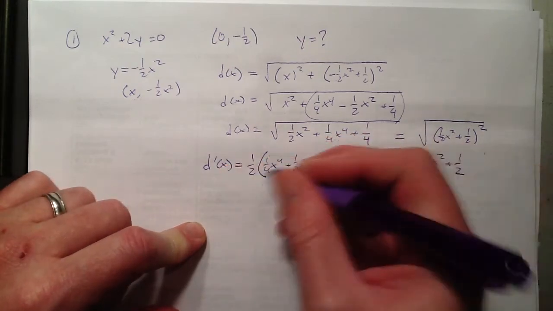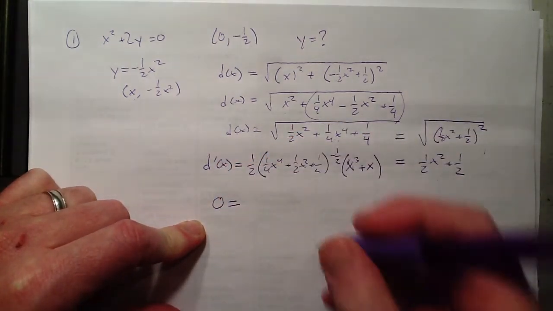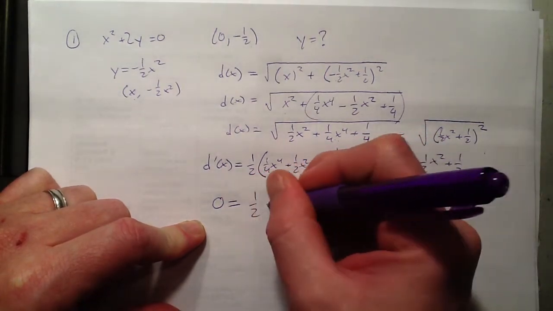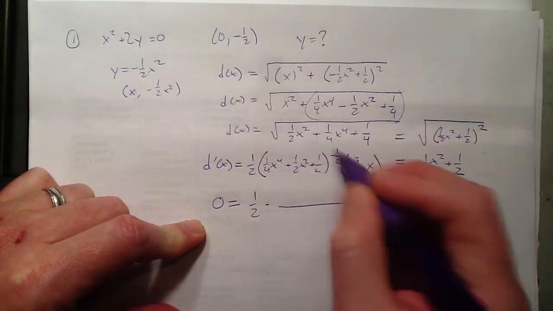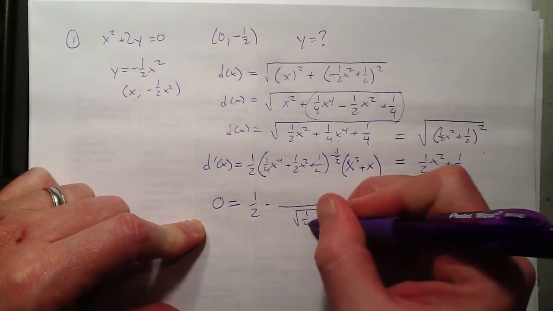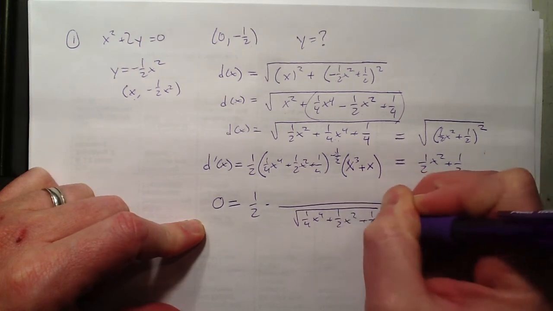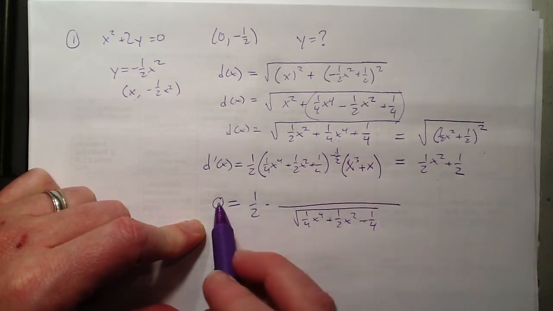Now we need this to be equal to 0, because we're looking for a minimum. So that's 1/2 times, this is all on the bottom, right? This is the square root of this thing on the bottom. As soon as you realize that it's going to be on the bottom, we know this can't make it equal to 0.